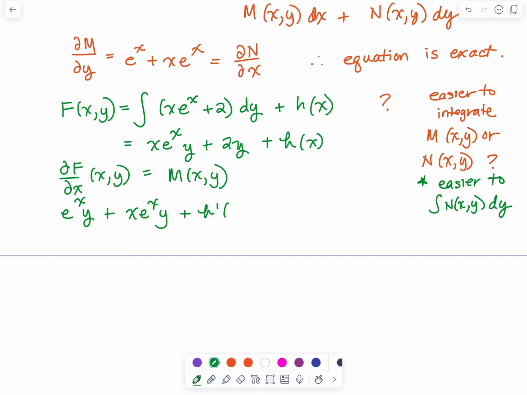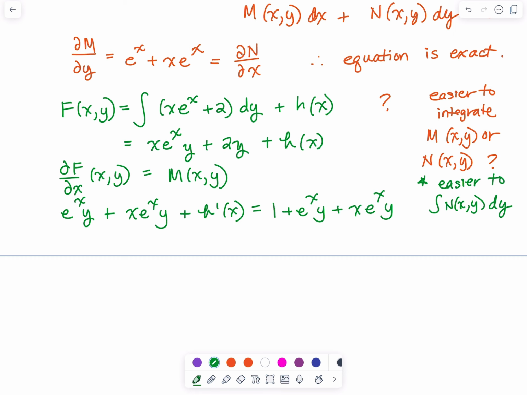And since we're taking the partial derivative with respect to x, the derivative of 2y is 0. We're going to set that equal to M, and that is going to be 1 plus e to the xy plus x e to the xy.